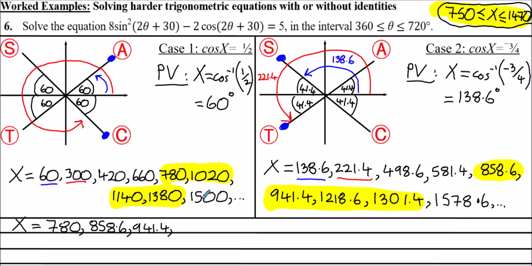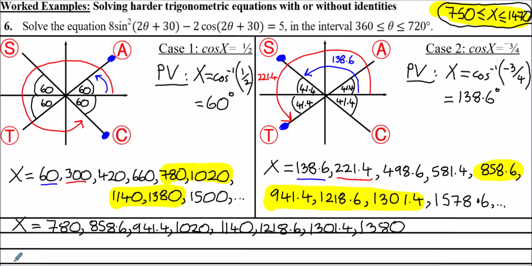After that we had 1020 and 1140. After 1140, the next biggest is 1218.6. Then 1301.4. And finally the biggest, which is valid, is 1380.